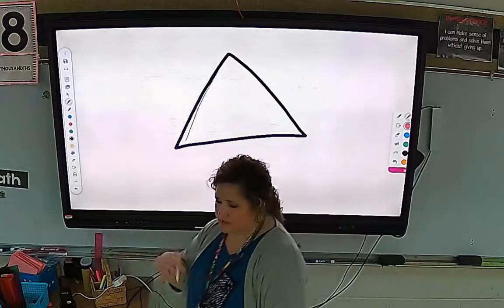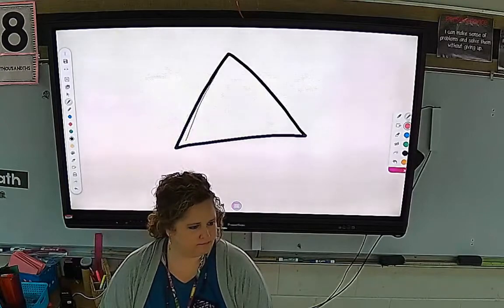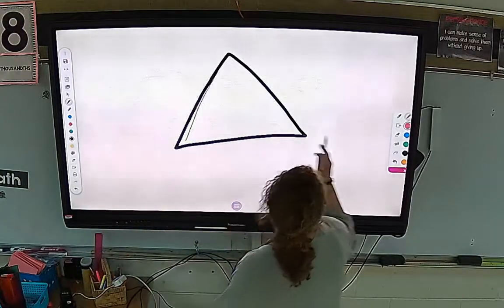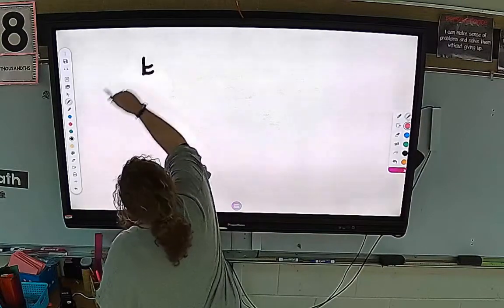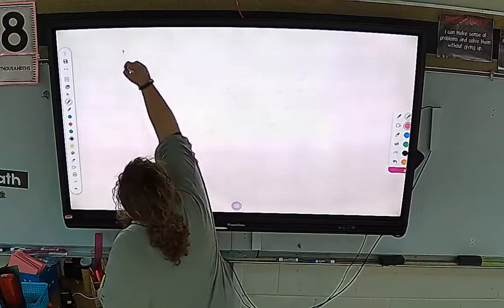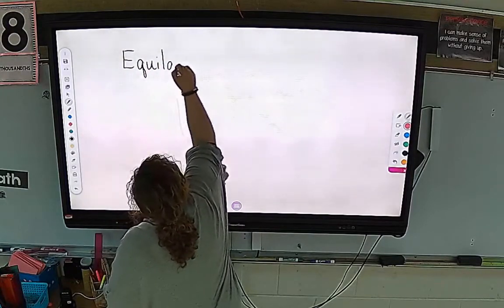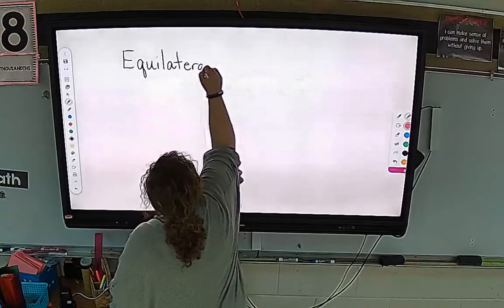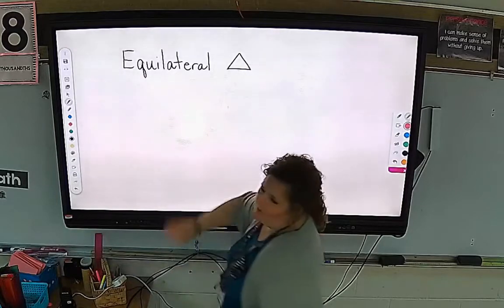Did you know that a triangle that has all sides the same length has a special name? It is called an equilateral triangle, and when you see that symbol, that does mean triangle.